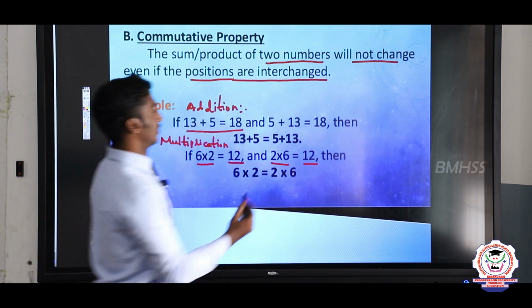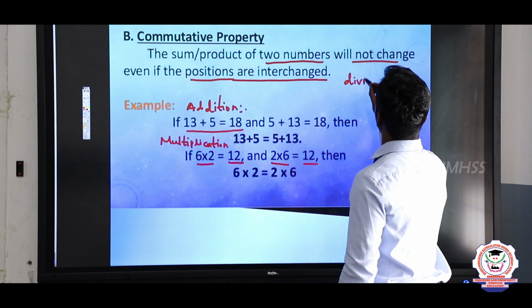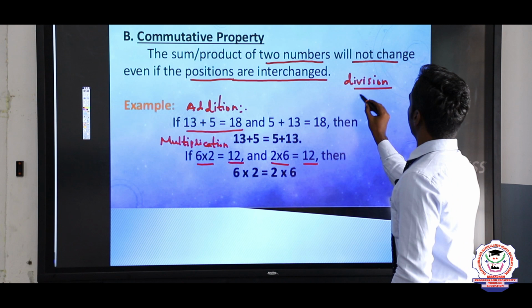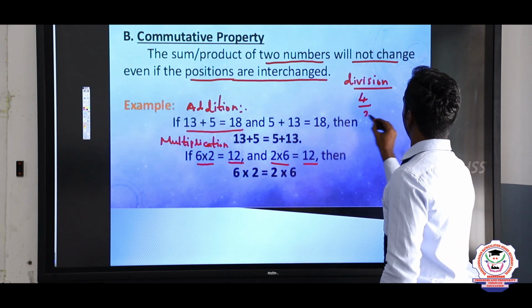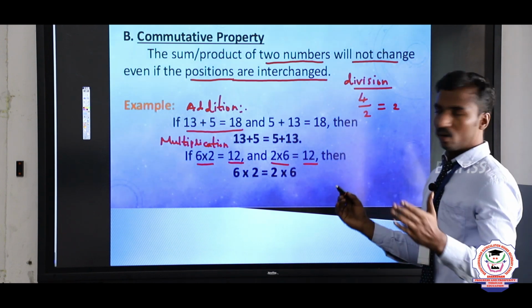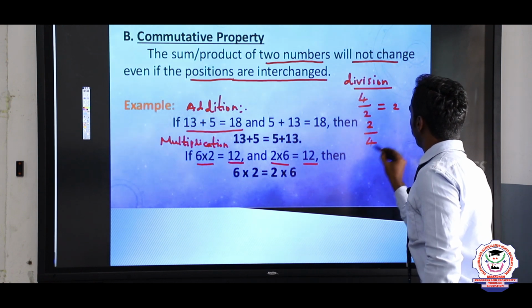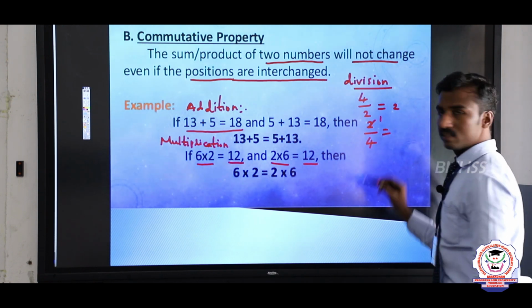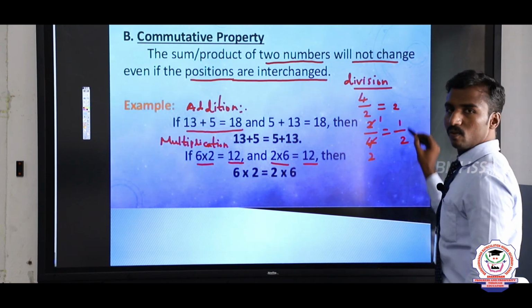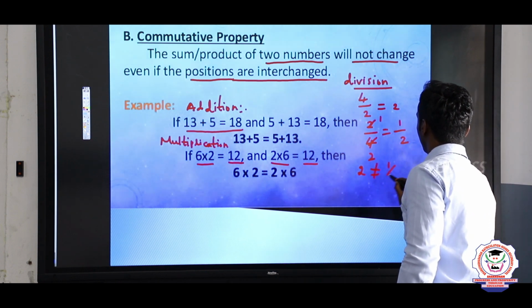Next one, division. 4 by 2 equals 2. Interchange these two numbers: 2 by 4 equals 1 by 2. 2 is not equal to 1 by 2.